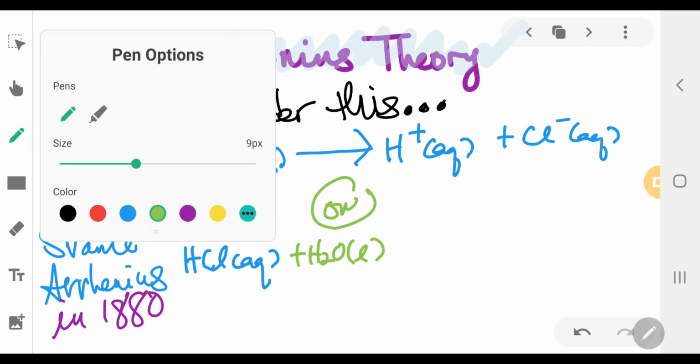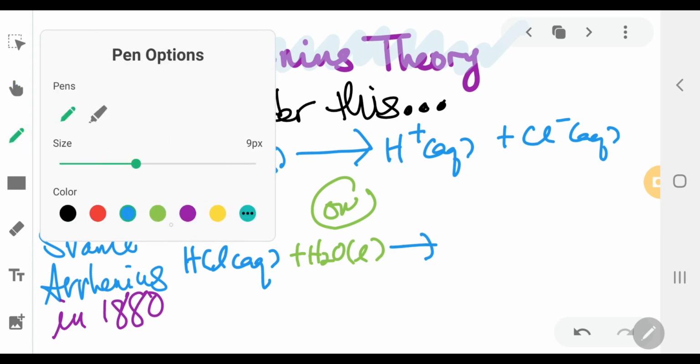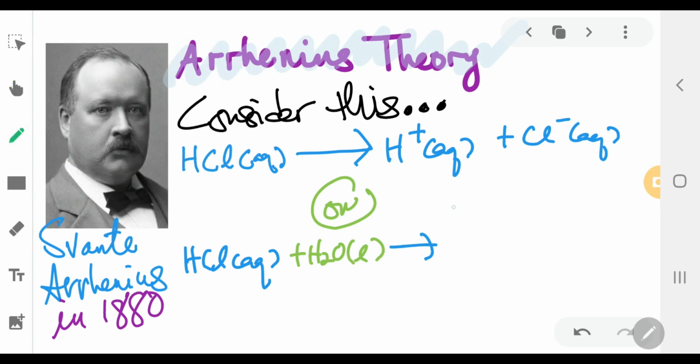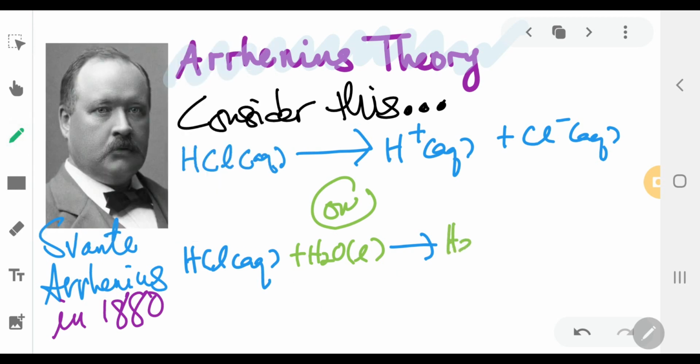If you don't want to write it, that's okay. But if you write H2O in the equation, instead of writing H plus, you're going to write H3O plus in aqueous form.